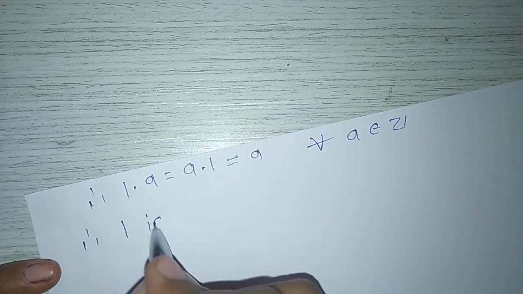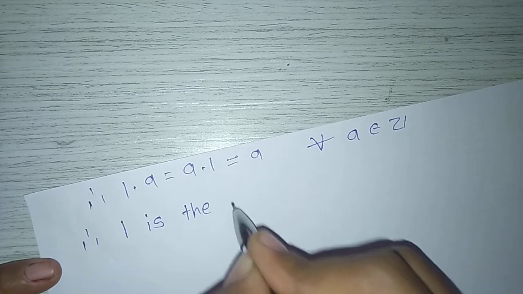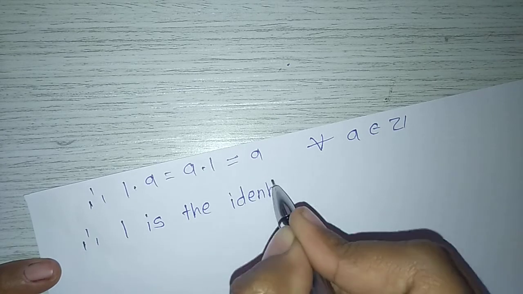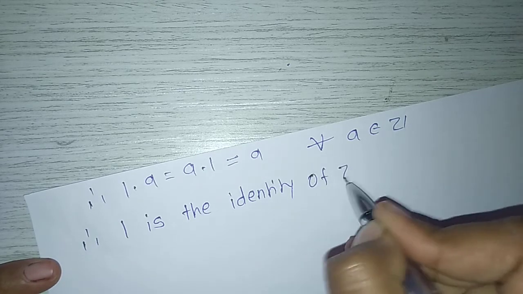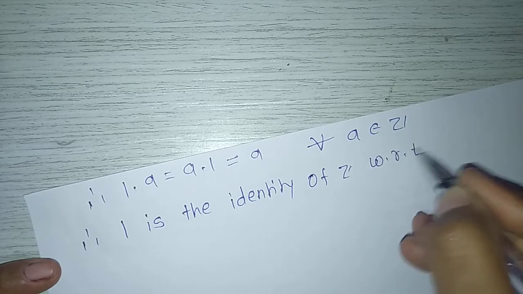Therefore, 1 is the identity of Z with respect to multiplication.